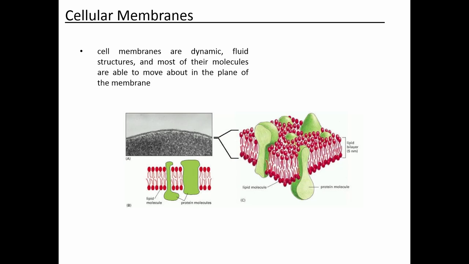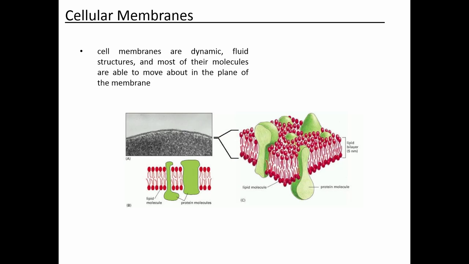The proteins sitting in the membrane are also capable of moving laterally within the plane of the membrane. So the membrane has some components of being a fluid because the molecules within it are able to freely diffuse in two directions. Not in all directions like a normal fluid, but the molecules that make up a membrane are able to move in two dimensions within the membrane.